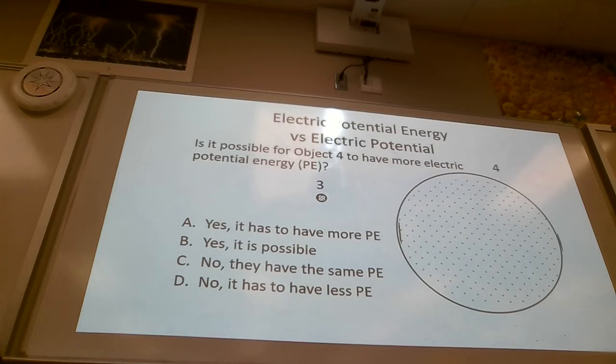Is it possible for object 4 to have more electric potential energy than object 3? Have a conversation. Is it possible?